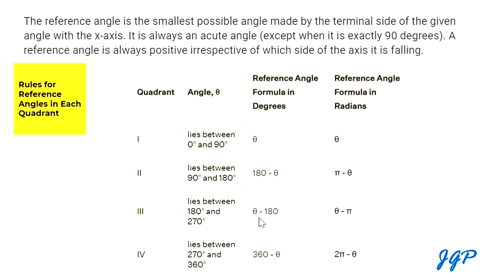Again ha, theta here is the given angle. And again, ito naman ang formula natin if the given is in radian form. For the quadrant 4, the theta lies between 270 degrees and 360 degrees. And the formula for that is reference angle is equal to 360 degrees minus the given angle. And same thing with when the given is in radian measure, pinalitan lang natin ang 360 degrees into 2 pi.